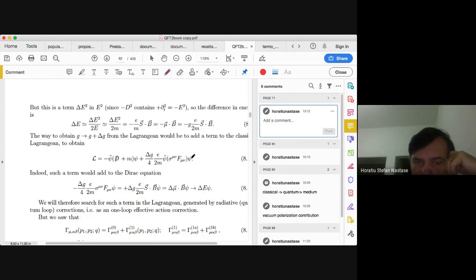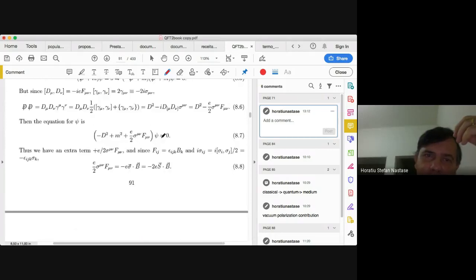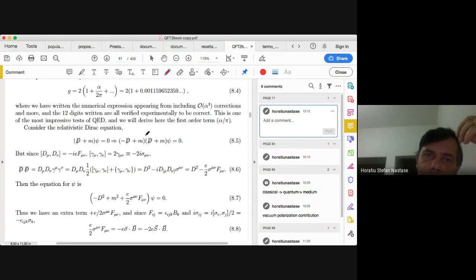So to obtain a delta g, now we're talking about a delta g. This g equal to 2 was obtained from the Dirac equation. But now what we're interested in is to obtain the quantum field theory correction, a delta g.